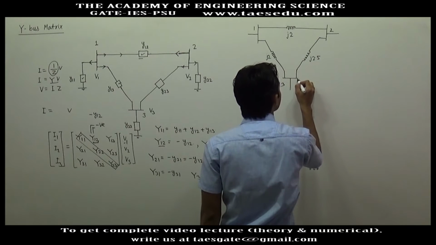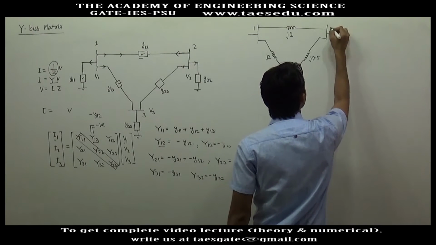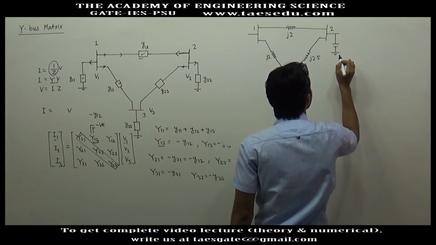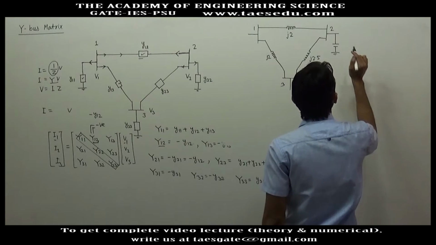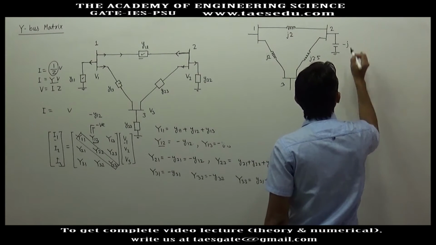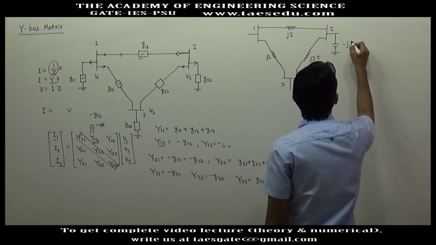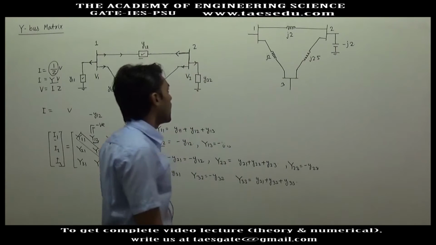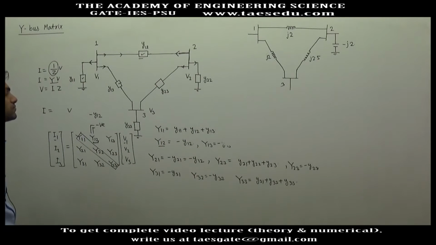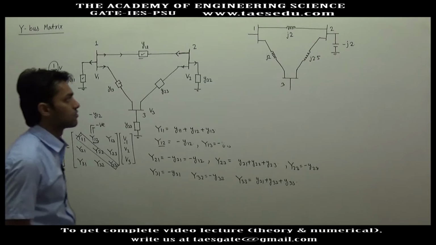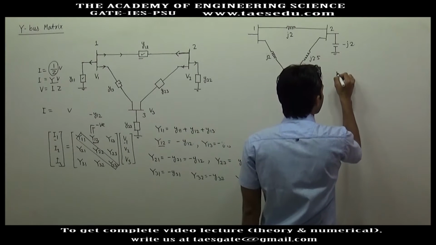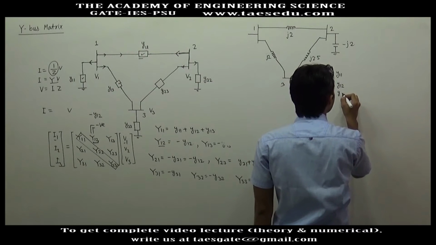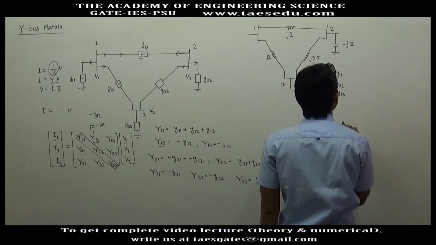Bus 2 has a shunt capacitor, and it is given as minus J2, and you are required to find the admittance matrix for this network. So first you will have to find small y11, small y12, small y13.